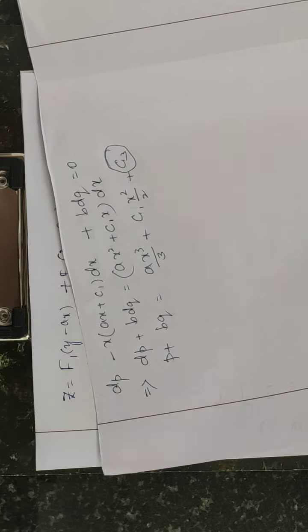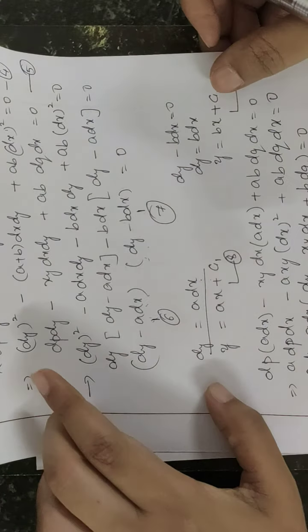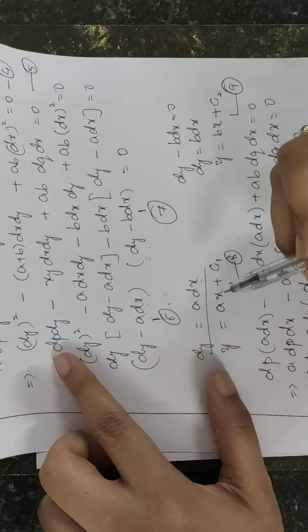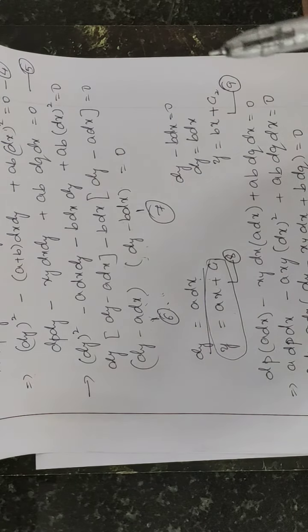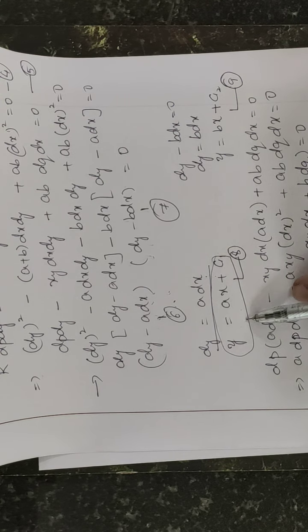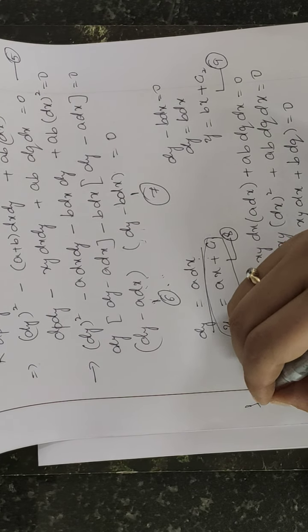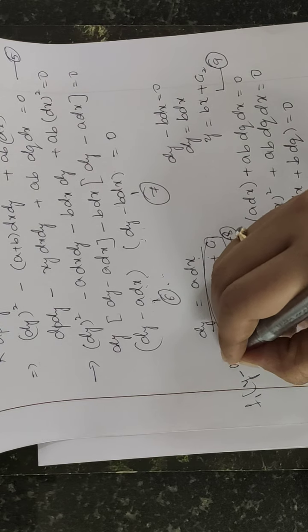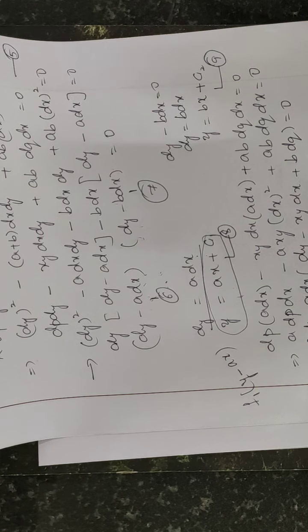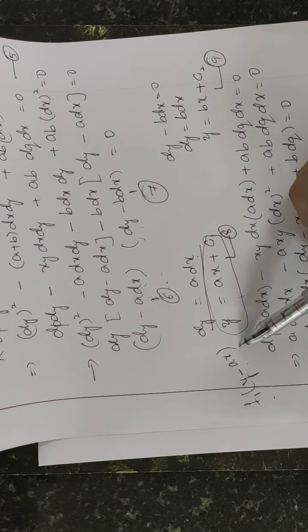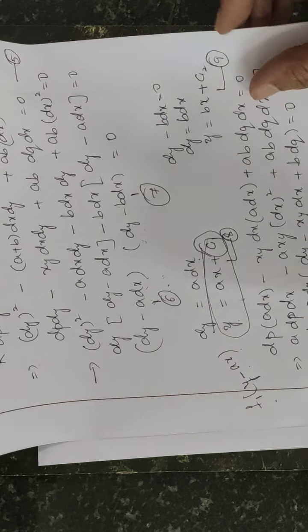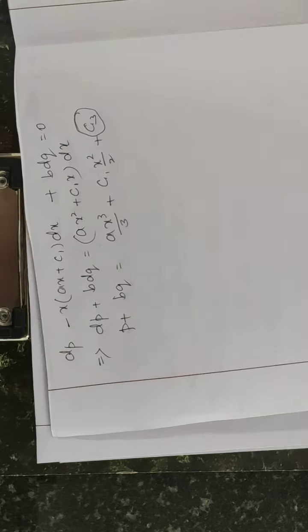As we have seen in the previous problem, we are getting the solution for equation number 5 using 6, and equation 6's solution is your equation number 8. So we can write equation 8 as f1 of (y minus ax), right? So now the value of c3 is nothing but f1 of (y minus ax), whereas the value of c1 is y minus ax. So substitute those two values here.